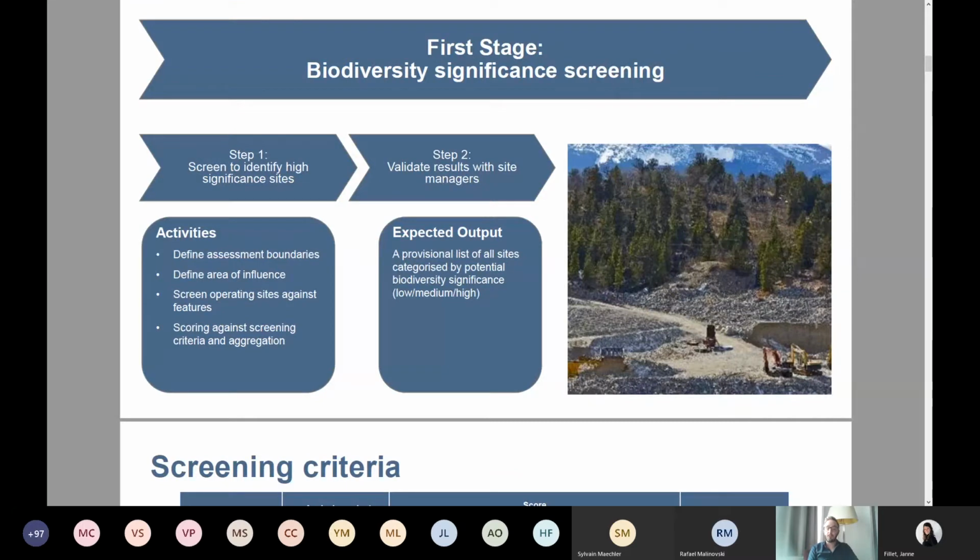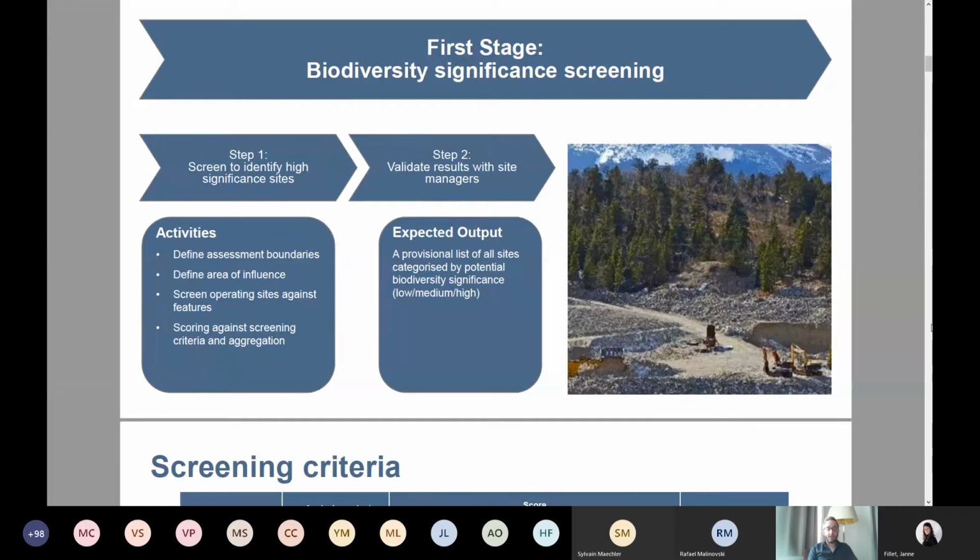For companies with a smaller number of sites, it may be appropriate to run this for all of their sites. But for example, if you have a company with several hundred sites, it may be appropriate to, if you're an oil and gas company, exclude downstream oil and gas where your impacts are not predicted to be as high as upstream.